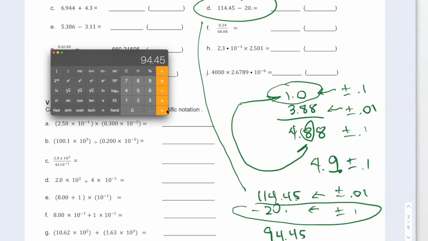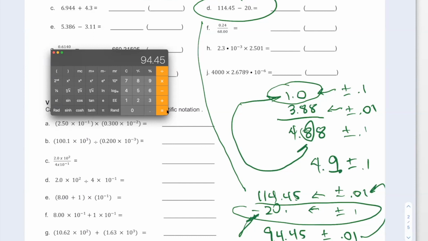But that would be wrong if you just wrote that answer, okay? Because this has an error of plus or minus 0.01, but it's got to reflect on 20 because that's your least precise value.